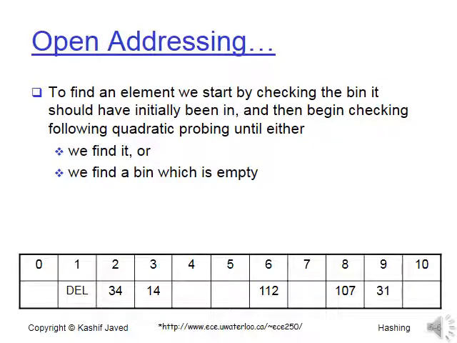Then begin checking further, following quadratic probing, making a sequential search until either we find the bin which contains the key, and if found, it will be a success, or we find a bin which is empty, and in this case, it will be a failure.